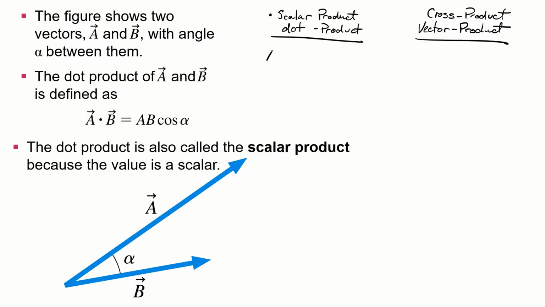The notation is, if I want to multiply A and B using the dot product, or inner product, or scalar product, there's a bunch of names for it, I write A dot B. If I want to do the cross product, I write A cross B. The result of the dot product is a scalar. The result of the cross product is a vector.